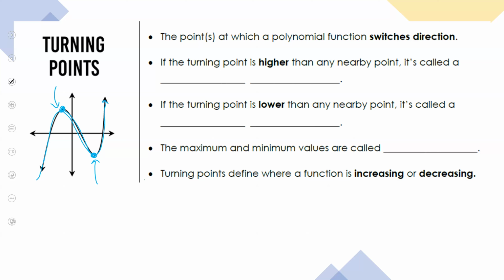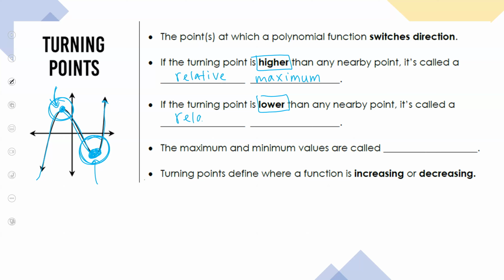So let's talk about these turning points. If the turning point is higher than any nearby points, so this point is the highest point in this area, it's called a relative maximum. If your turning point is lower, like this one right here, if it's lower than the stuff around it, in this area, it's the lowest point. What do you think it's called?